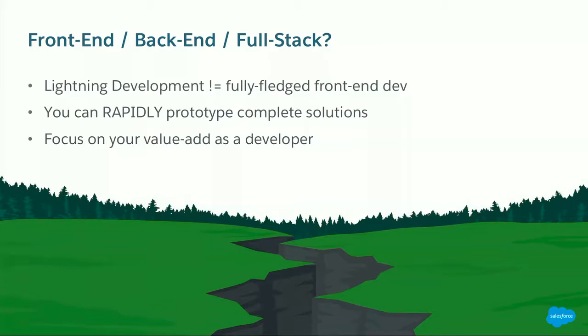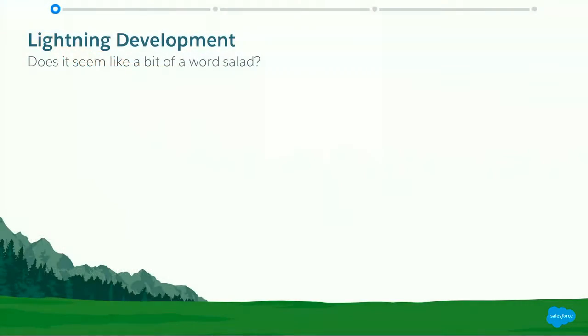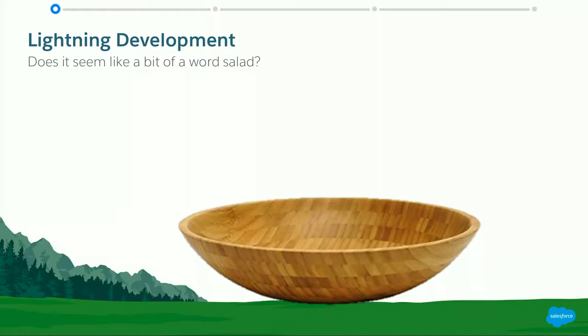Okay, so I want to get into a little bit more of the soup to nuts. So if you're just starting out with Lightning development, you've been at Dreamforce for 2 days, there are words flying around all over the place. Everything has to do with Lightning all the time. And I hope you like cheesy PowerPoint illustrations because you're about to get some. It's a word salad, and it starts to get numbing, the amount of words that are being thrown at you.